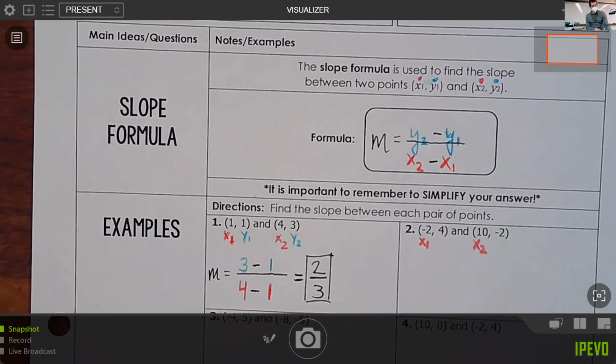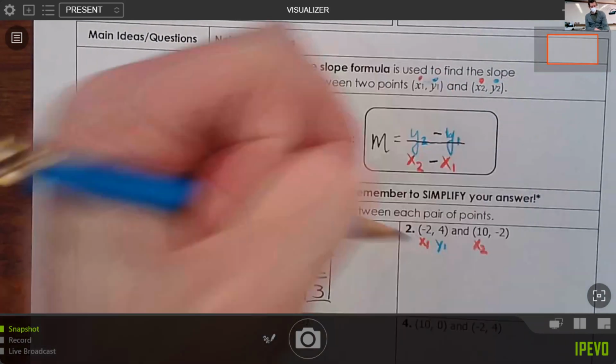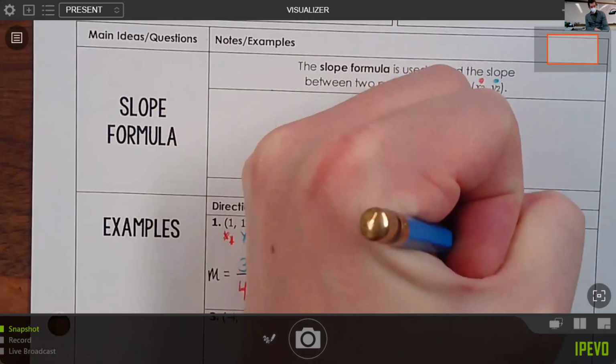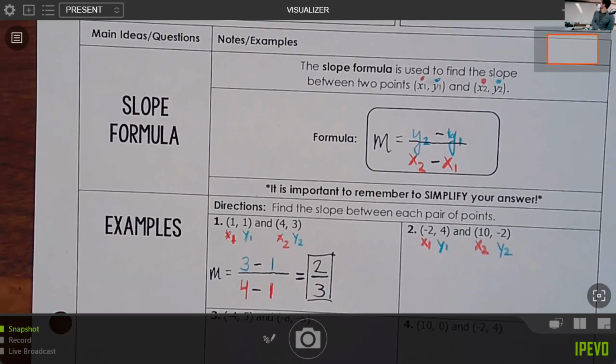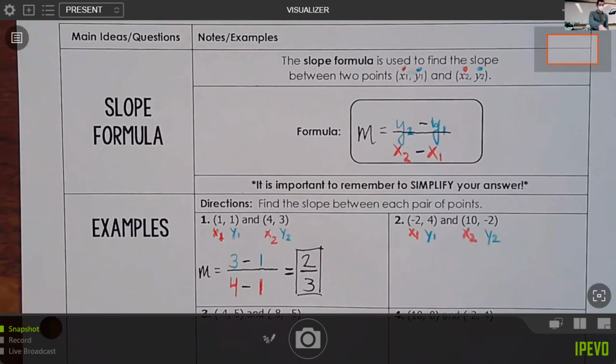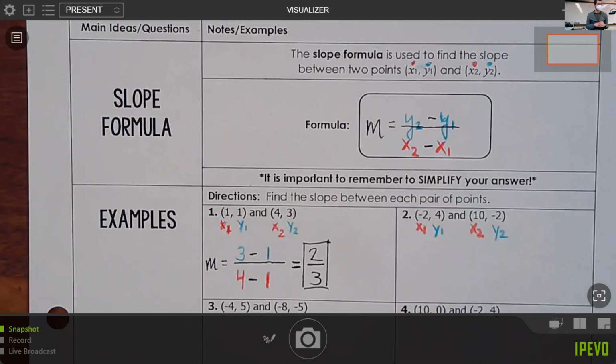Our first y coordinate is the 4, so that's y1. And our second y coordinate is that -2, so there's y2. Those are the values that we're going to plug into our formula. So we'll throw them in, do a little bit of subtraction, and figure out our answer.